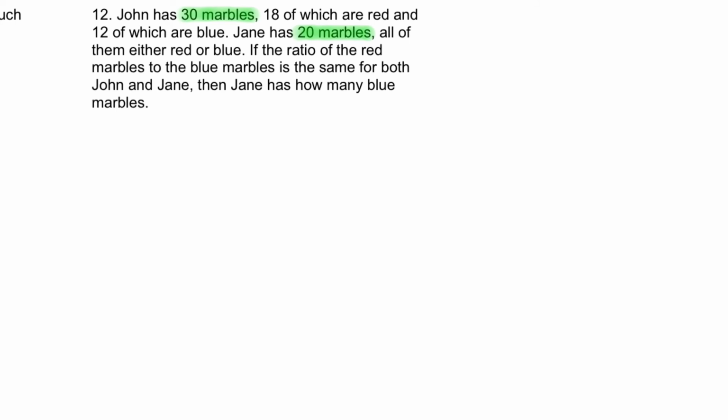All right, so let's set it up as blue marbles over total marbles. Let's just be consistent with that, and we'll do it for each of them. So for John, we'll set him up right here, and for Jane, we'll set her up right here.